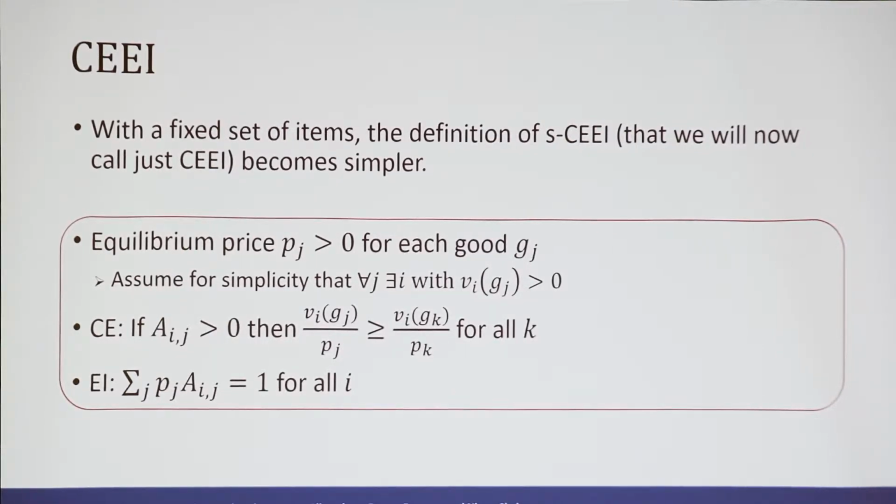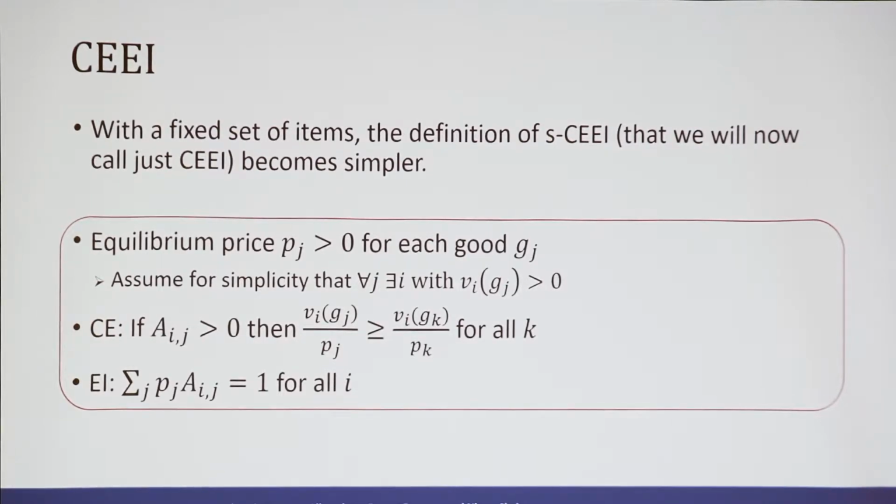This is just to avoid goods with price 0. And now what our competitive equilibrium condition says is that if an agent is allocated some non-zero fraction of a good, then that good must maximize their bang per buck, right? Their value to price ratio must be maximal for those goods. And our equal income condition says that the price of each agent's bundle should equal 1.